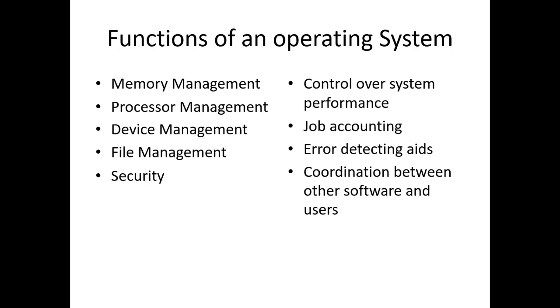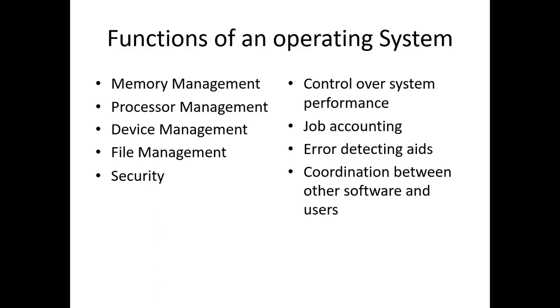It detects errors, like I have told you, and tells you when something is not working within your computer. It is the job of the operating system to bring up those notices and alerts. And then it coordinates between other software and users.